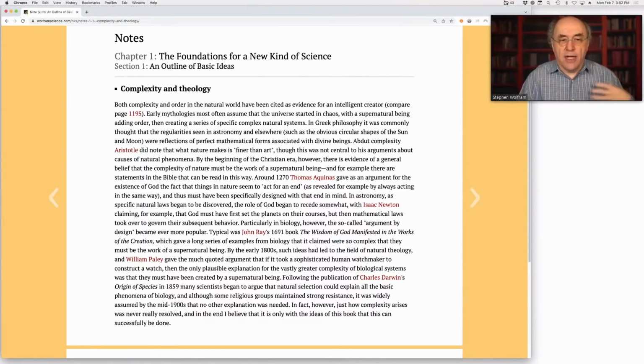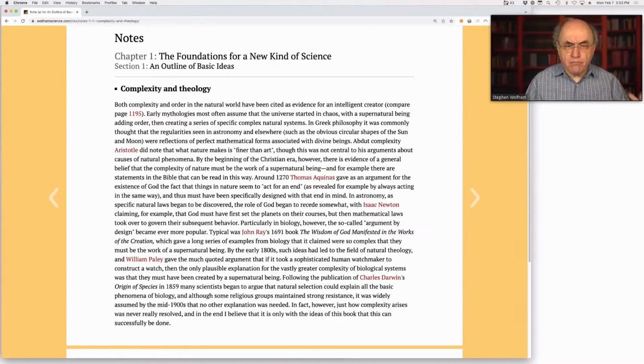And so his inference from that, in his way of thinking about it, is that the things must have been specifically designed with that end in mind. I'm not sure one would take that. I think it relates to Aristotle's four different possible causes and so on. Is there a sort of final cause for things? I don't think one can infer that, but that's what Aquinas argued.